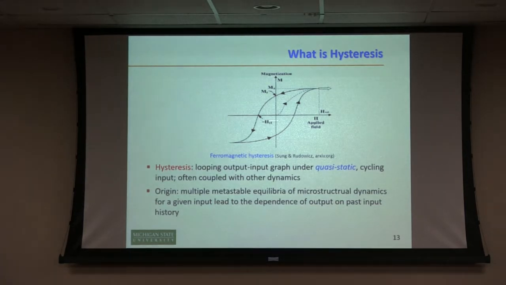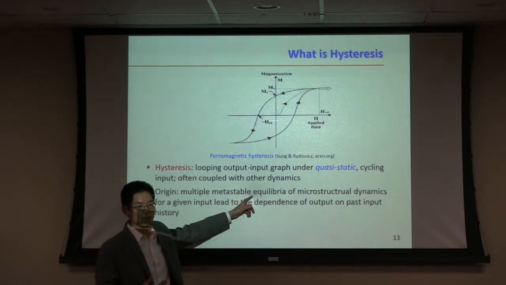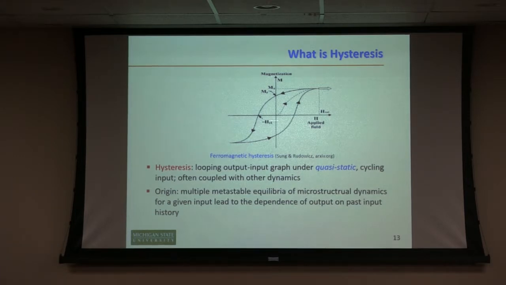So really, I'm going to show you in the next slide a number of other hysteresis phenomena from different areas, and the origin of all of that is because there exist multiple, we call metastable, equilibria for the system, because the system is composed of millions or billions of small components. Could it be molecules?